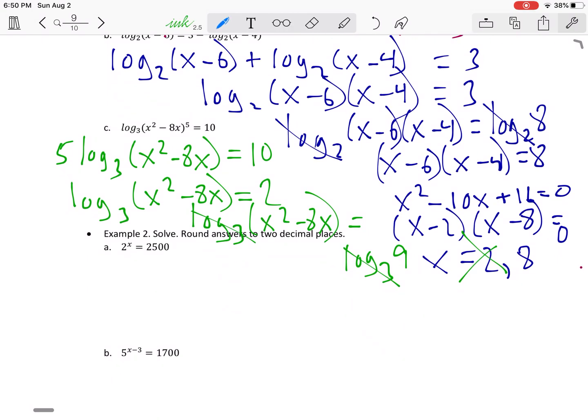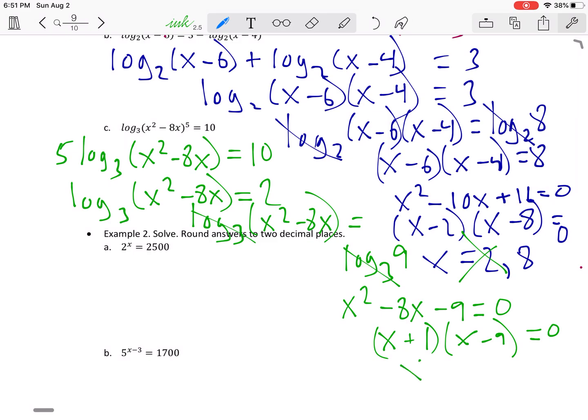You get x squared minus 8x minus 9 equals 0, and you can factor that, which gives you (x plus 1)(x minus 9). And so you get x equals negative 1 and 9. Make sure they both work, and this time they both do.